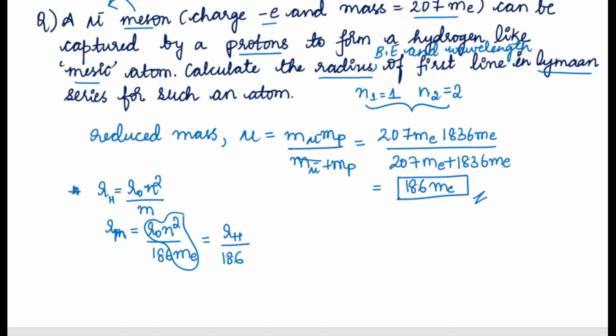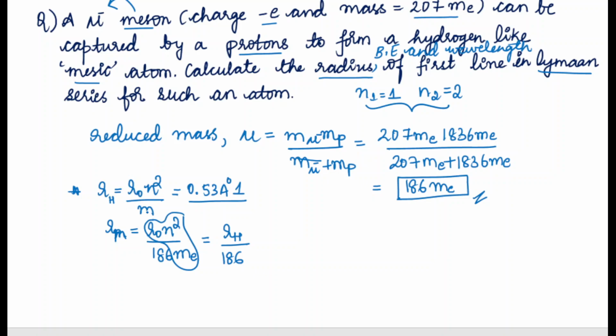So this is the radius. You can substitute the value of r H for r naught, which is equal to 0.53 angstrom. For n, let us consider the ground state only, so n is equal to 1, divided by the mass of the electron. After substituting this you will get the r naught value.